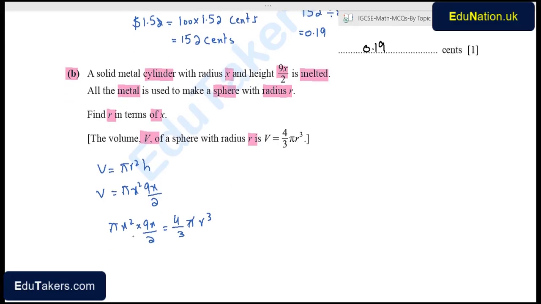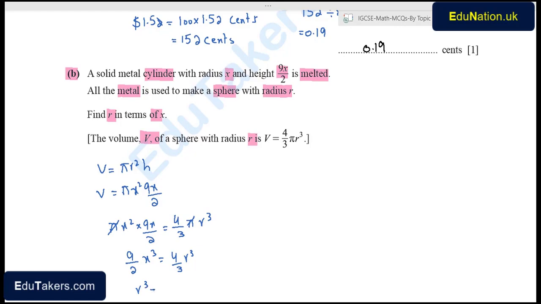Now this pi is cancelled with this. This side is 9 over 2 x cubed equal to 4 over 3 r cubed. We need r in terms of x.